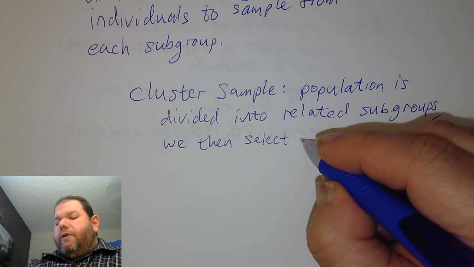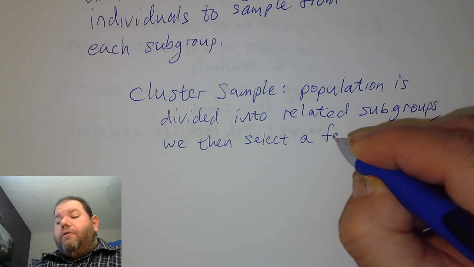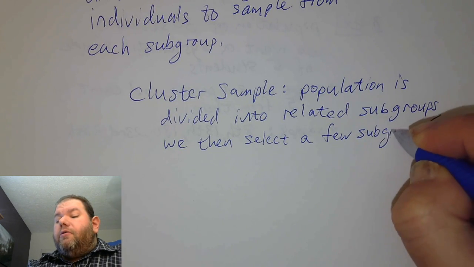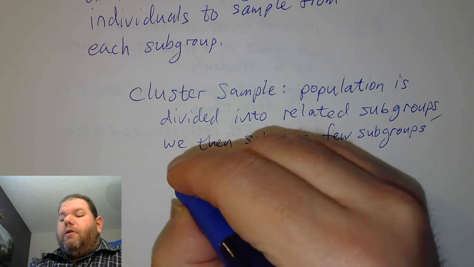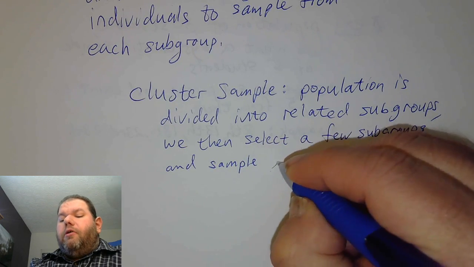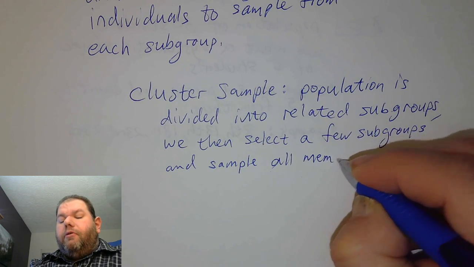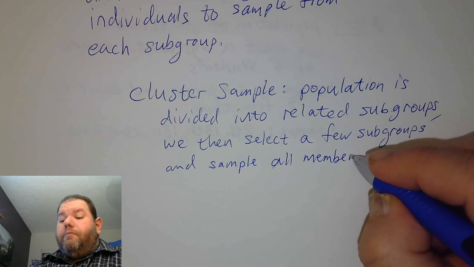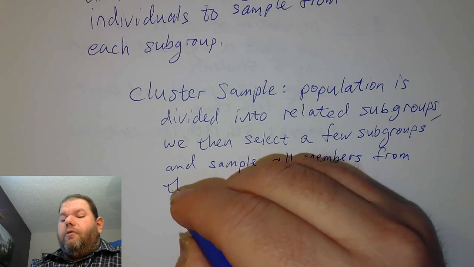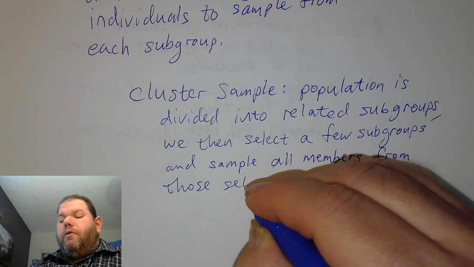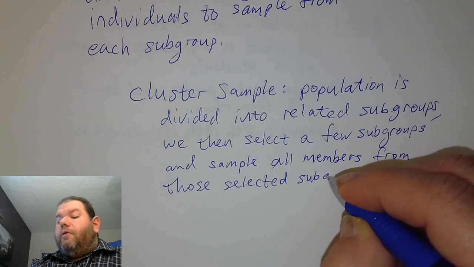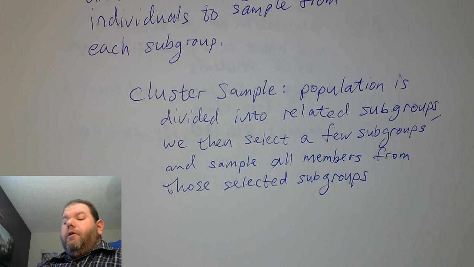So we then select a few subgroups, and it really depends on how many we need, and sample all members of the selected subgroups. Okay.